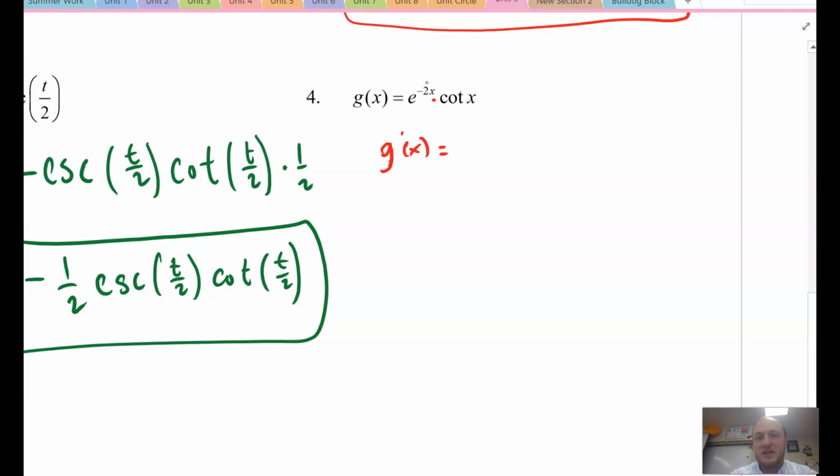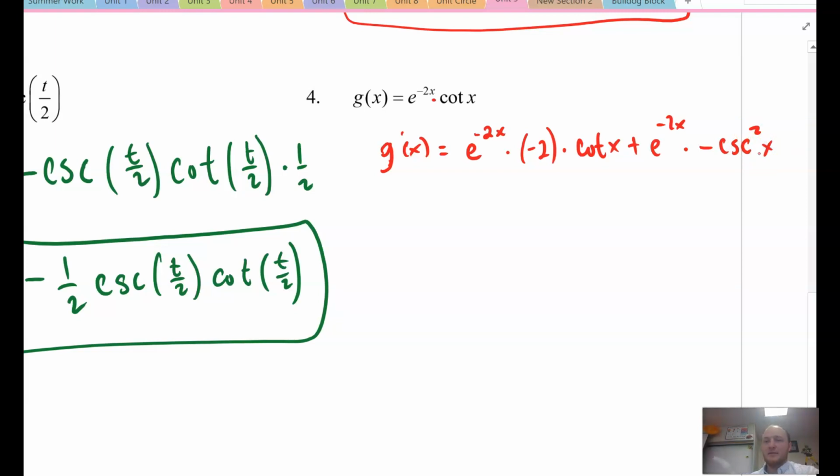Okay, product rule. So I'm going to take the derivative of the first. Well, derivative of e to the x is just e to the x, but I have negative 2x, so I have chain rule, times the second, so cotan x. All right, plus, again, the first times the derivative of the second. And the derivative of cotangent is negative cosecant squared of x.